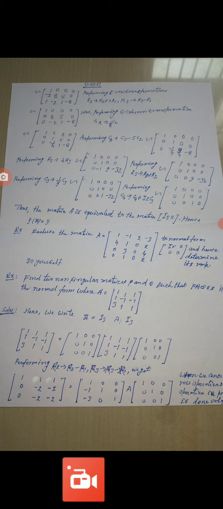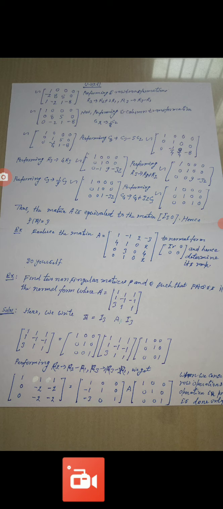Now we perform R2 as R2 minus R1 and R3 as R3 minus 3R1, which gives 1 1 1 in the first row, second row 0 minus 2 minus 2, third row 0 minus 2 minus 2, equal to row-wise 1 0 0, second row minus 1 1 0, third row minus 3 0 1, into A, and 1 0 0, 0 1 0, 0 0 1.